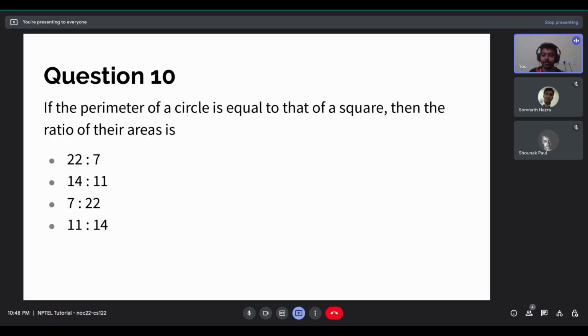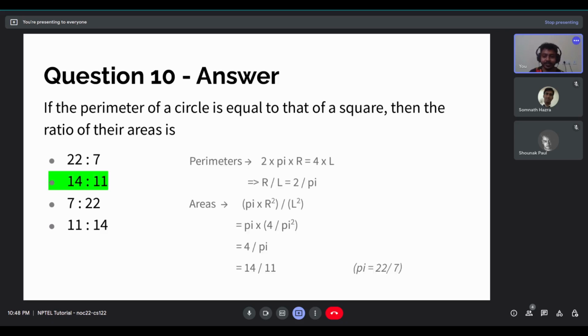And coming to the last question, question 10. If the perimeter of a circle is equal to that of a square, then the ratio of their areas is. This is a slightly trickier question than the previous ones. If you want to do it with pen and paper, it will be good, but if not, I have given the steps here.